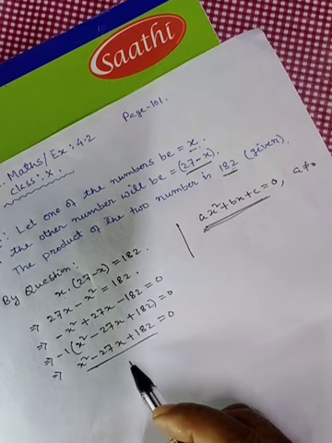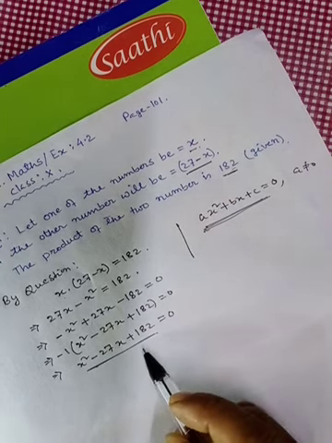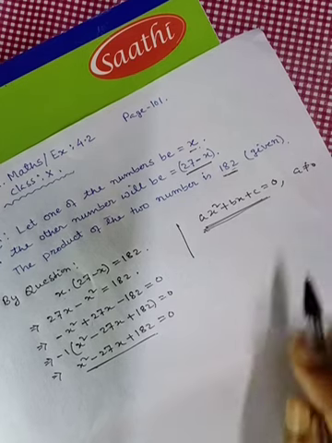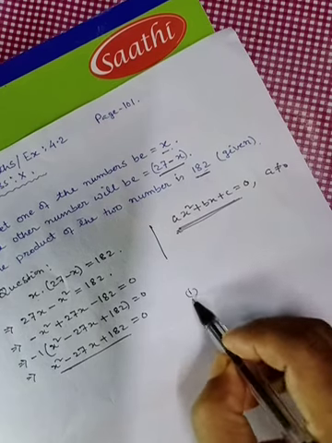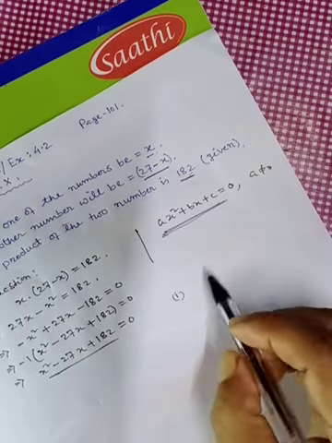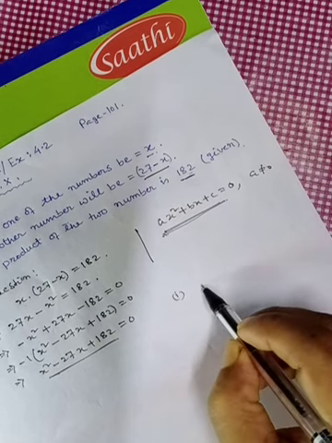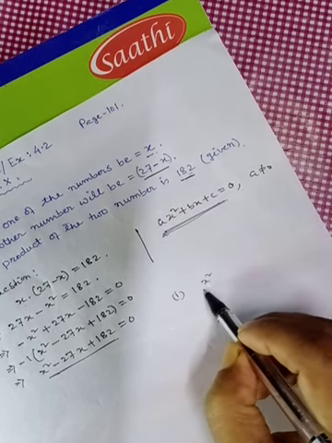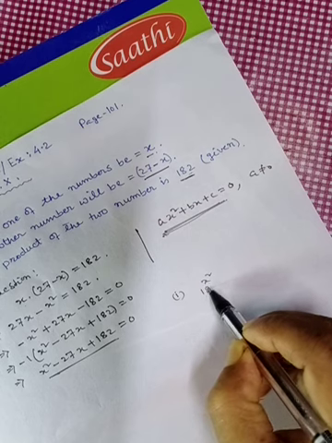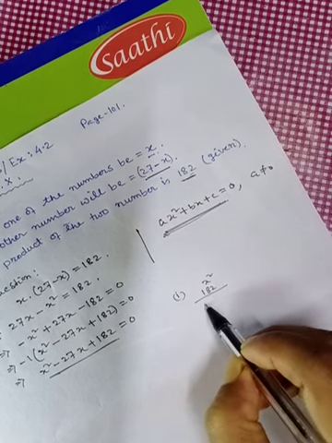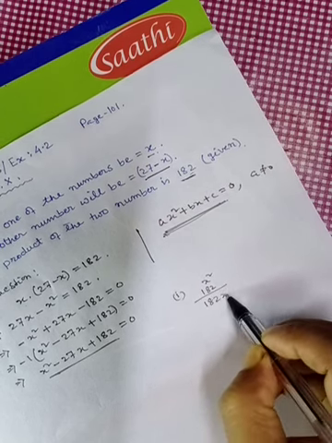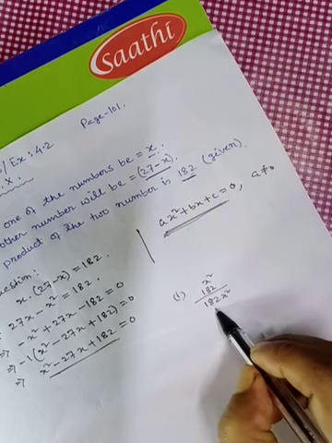factorize this quadratic equation by the factorization method. Here, first step, as we discussed, multiply the quadratic term by the constant term 182, then we get 182x square.